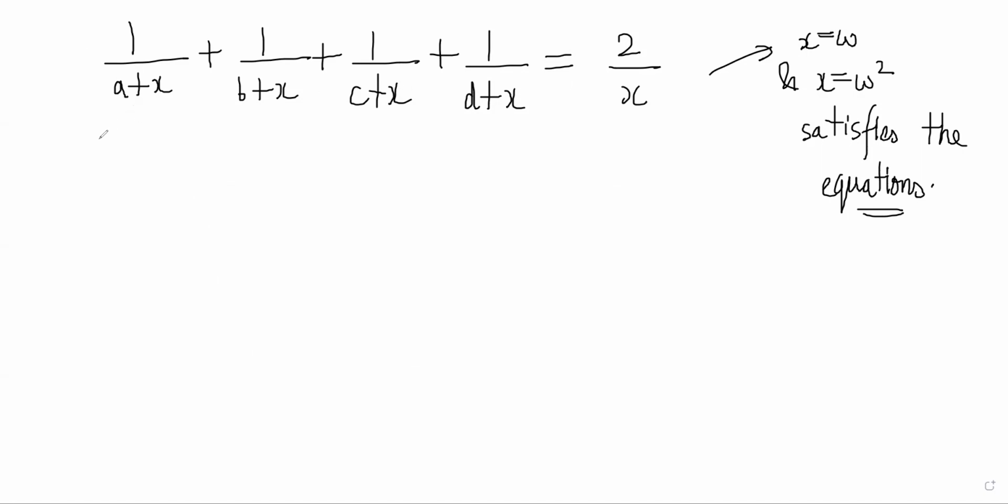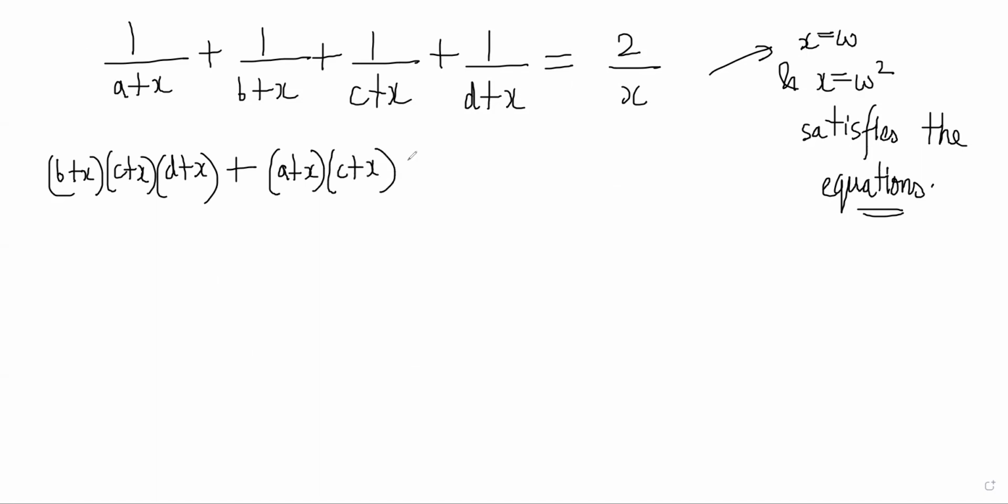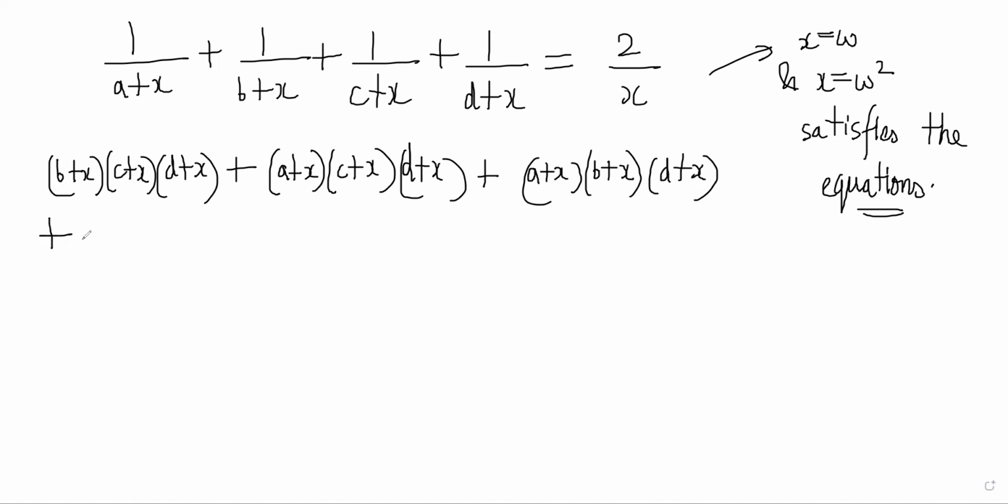So you just have to take the LCM and cross multiply, right? So you'll get something like (b plus x)(c plus x)(d plus x), plus (a plus x)(c plus x)(d plus x), plus (a plus x)(b plus x)(d plus x), and finally (a plus x)(b plus x)(c plus x).